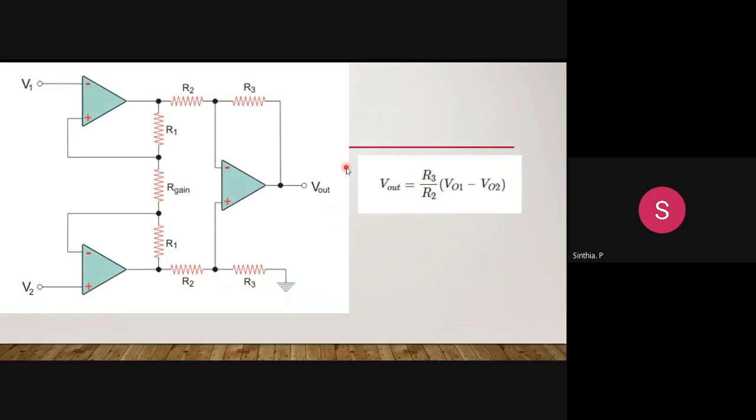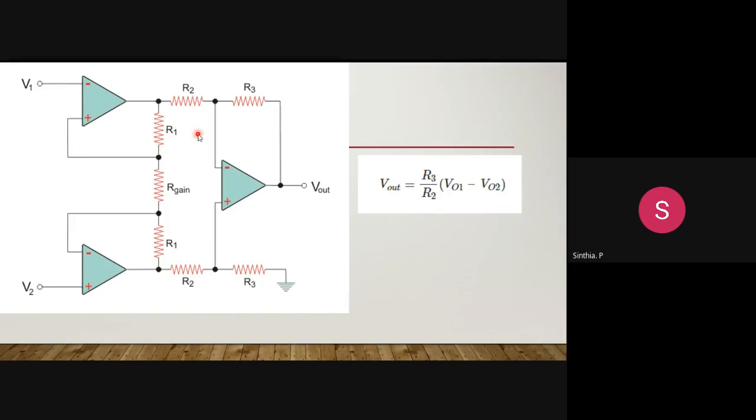If the requirement of the instrumentation amplifier is to vary the gain, the resistor can be replaced with a suitable potentiometer.